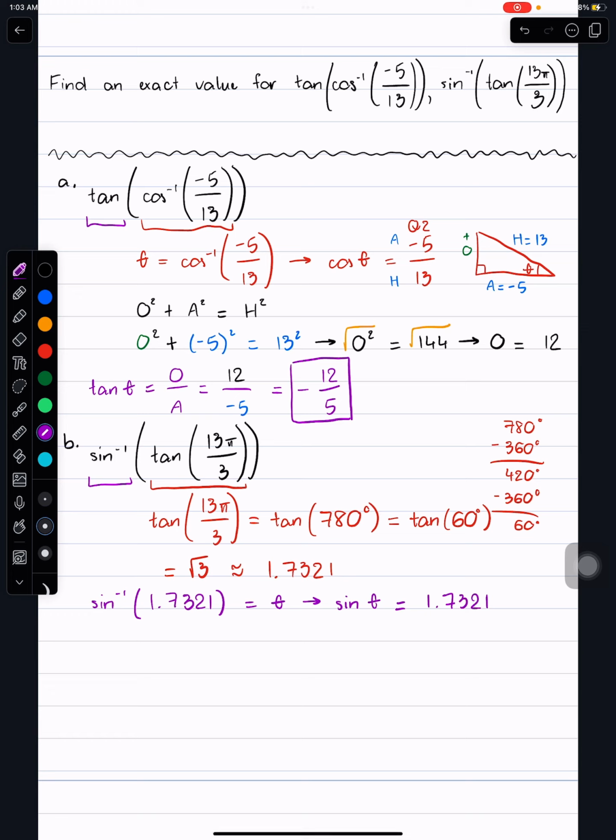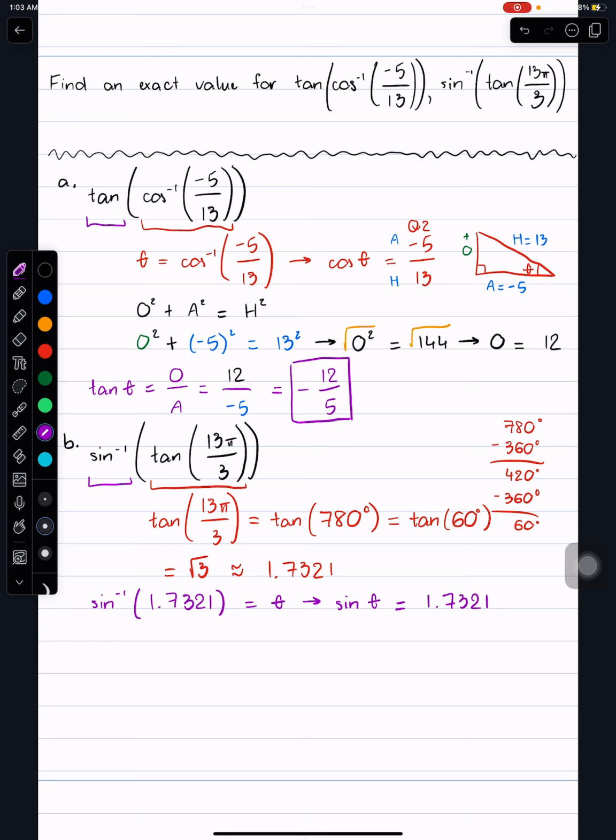Ask yourself, sine of what angle equals 1.7321? The answer is none. Because the range of sine and cosine has to be between -1 and 1, and 1.7321 is already bigger than 1. So there's no angle that has a sine value equal to this much.